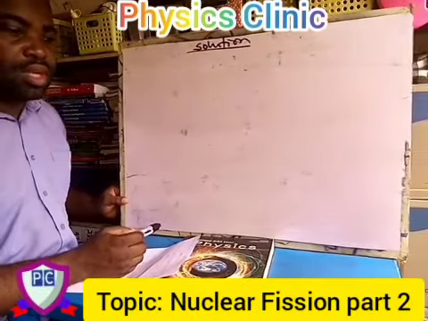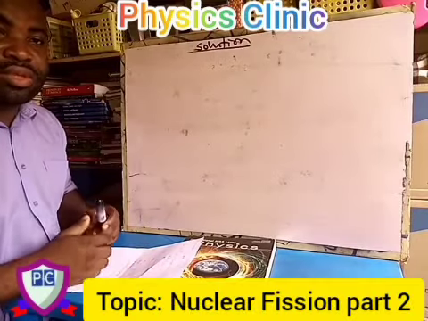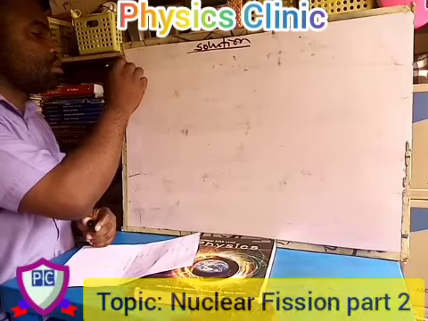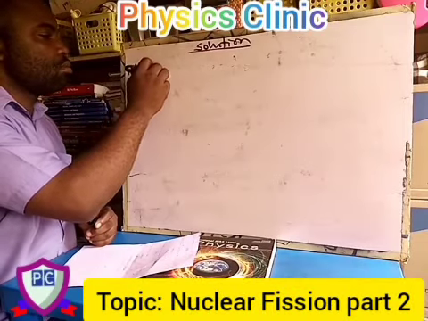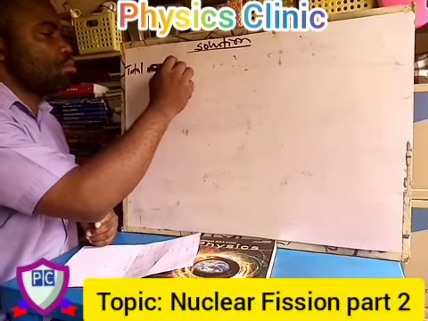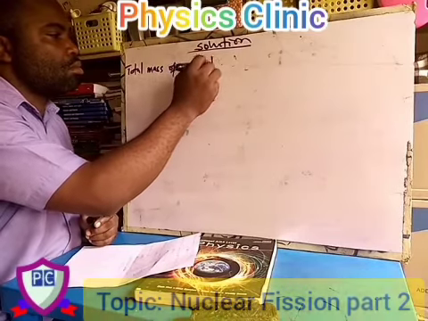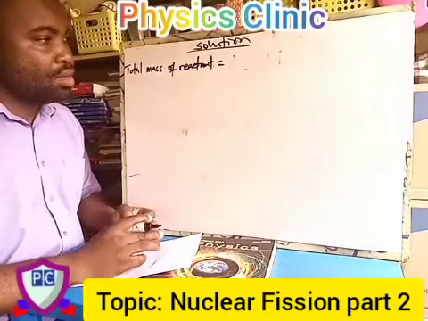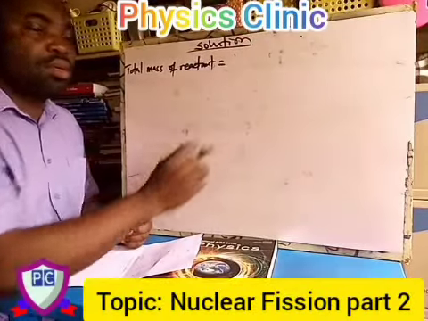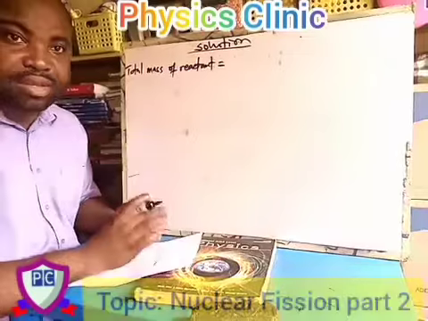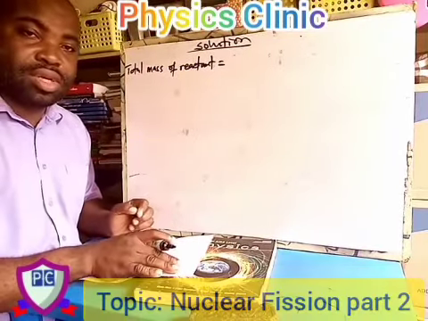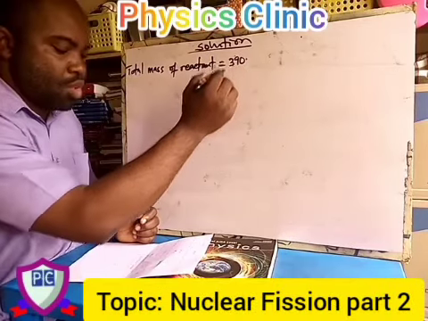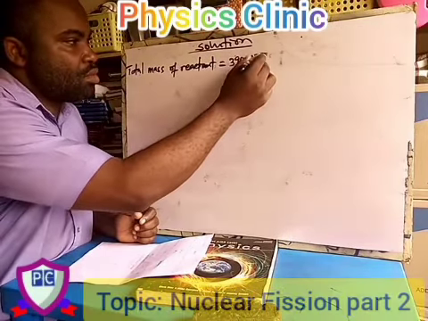Solution. The first thing we are going to do is to calculate the total mass of the reactants. The reactants in this equation are uranium-235 and neutron. The mass of uranium-235 is given as 390.173.